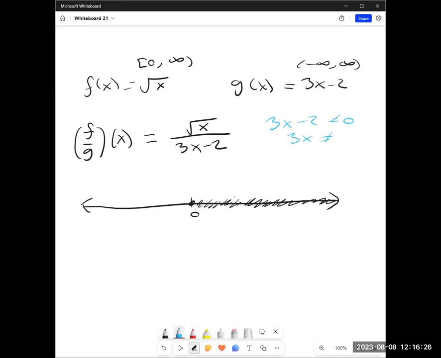So 3x is not 2, and x is not 2/3. So 2/3 is somewhere up here. And I've got to put an open circle there to reflect that. So all this stuff that's colored inside there I should get rid of.